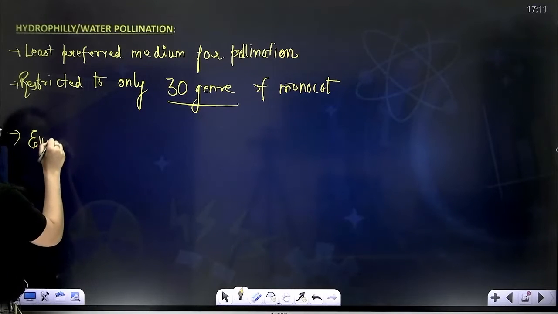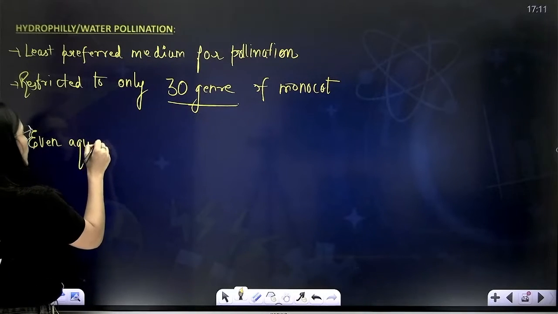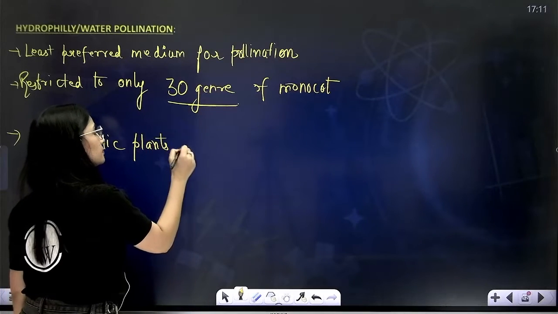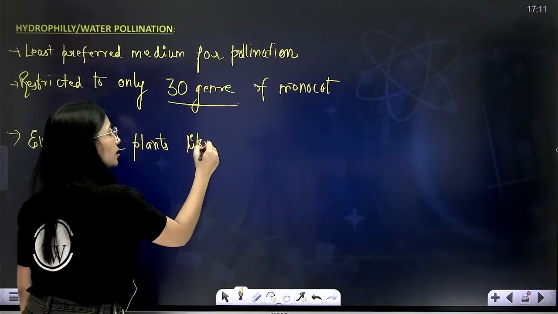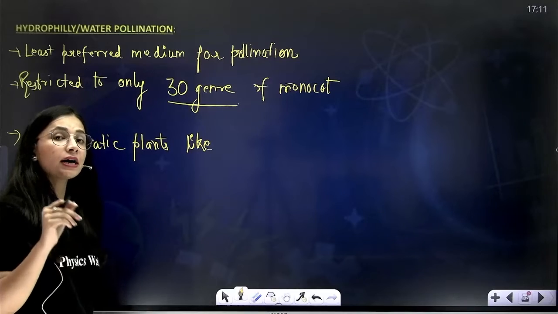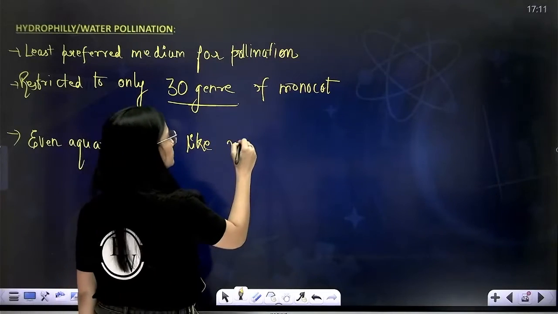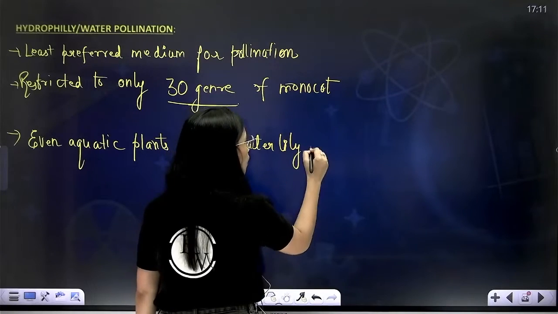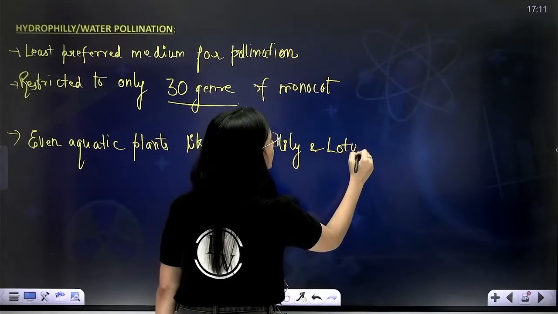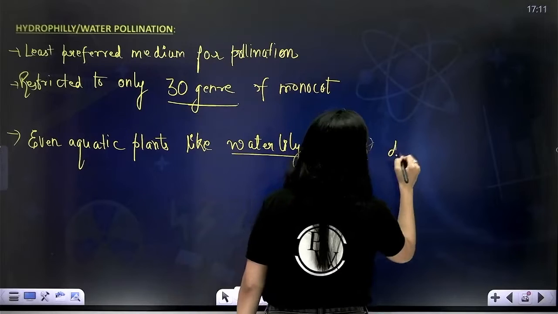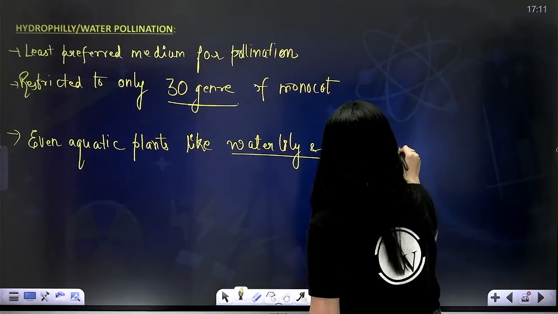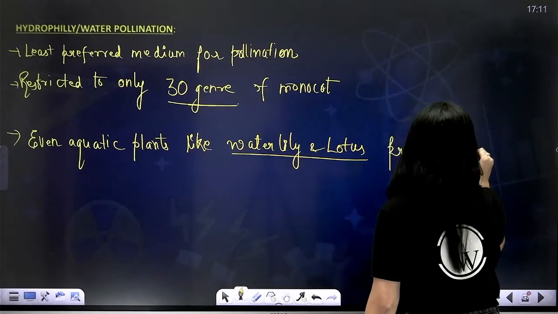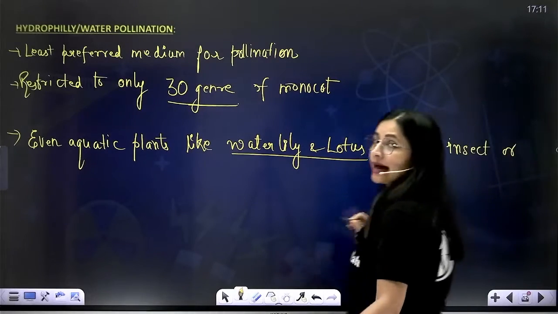Even aquatic plants like water lily and lotus, beta, prefer insects or wind for pollination rather than water.